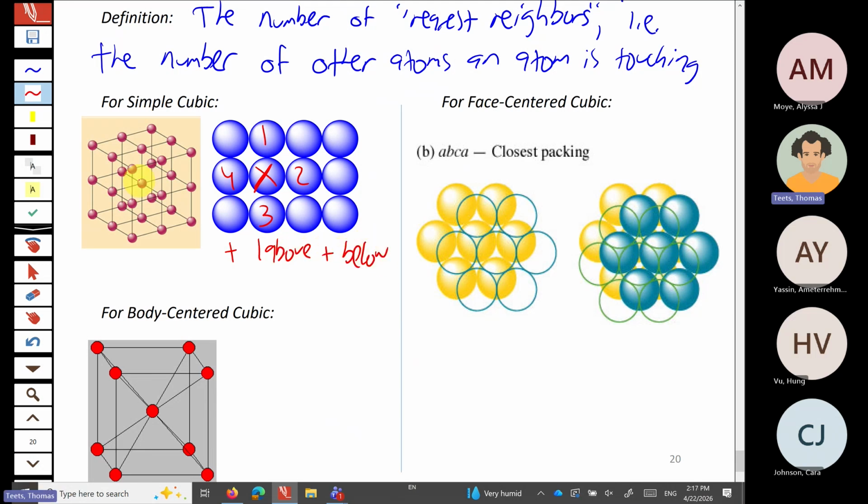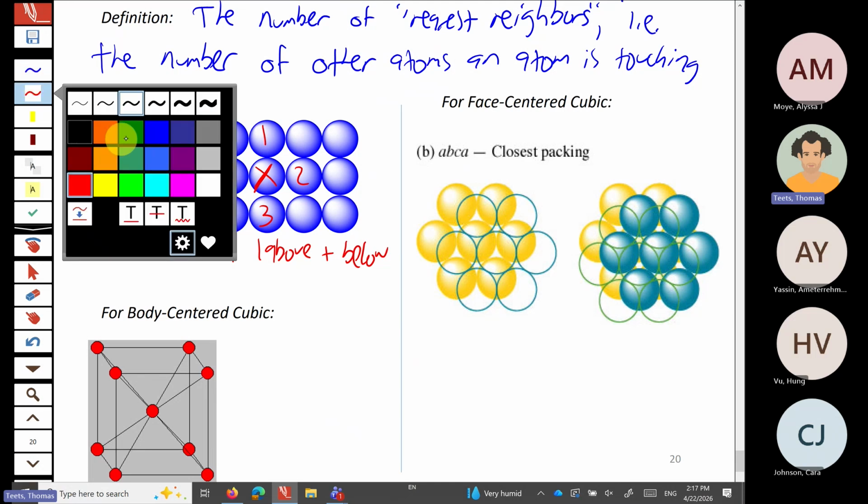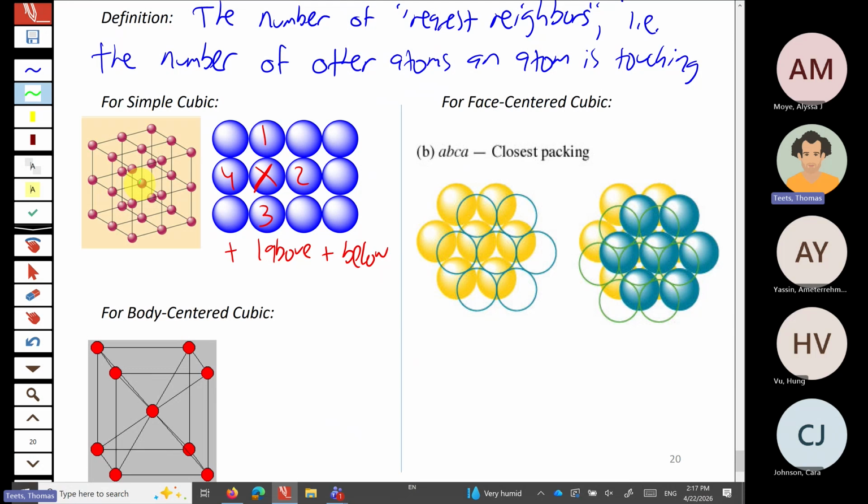I guess we could kind of see it. I'll do a different color than red because that's already shown in red. Let's do green. If we have this atom here, you're going to have 1, 2, 3, 4, and then 1 above, 1 below. So 6 nearest neighbors, 4 in the same layer, 1 above, 1 below. So the coordination number for this structure would be described as 6.